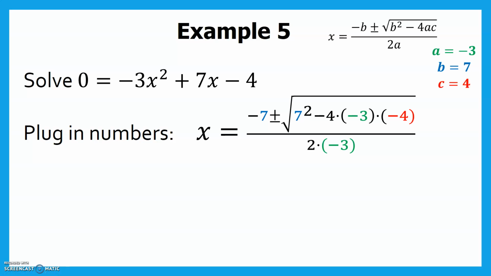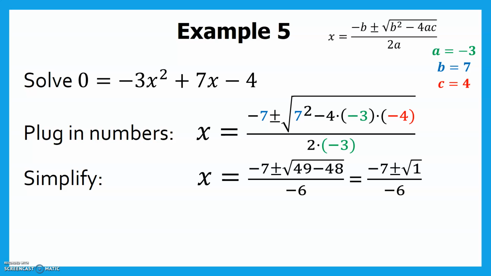All right, so I have all my numbers plugged in. All my A's are -3, my B's are 7, and my C's are -4. All right, I do the math and I get -7 plus or minus. Well, 7 squared is 49.